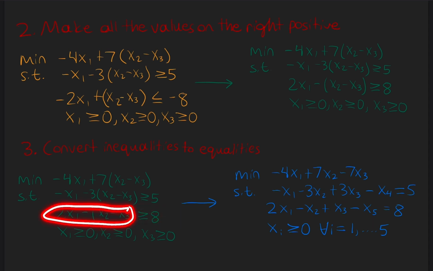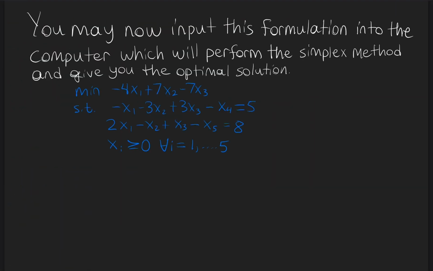This value is greater than 8, so if we subtract something from it, hopefully we can find that something so that it equals exactly 8. So we are going to call these two slack variables x4 and x5, and we just treat them like any other variable. We're going to say that they're both positive because that's the standardization rule. xi is greater than or equal to 0 for all i, and i is defined as 1, 2, 3, 4, and 5. All right, that's it for today.